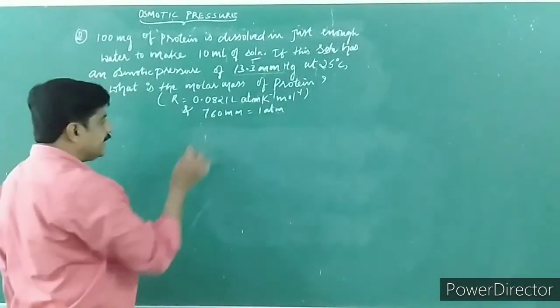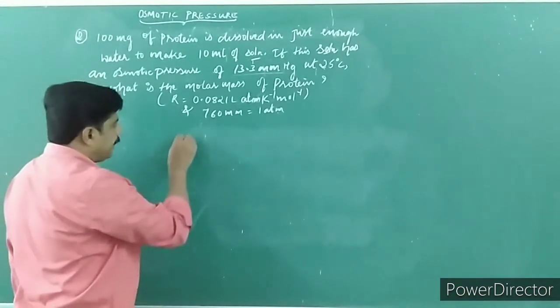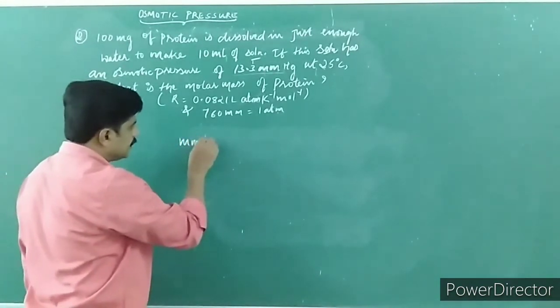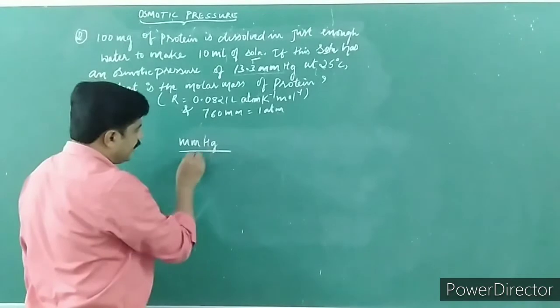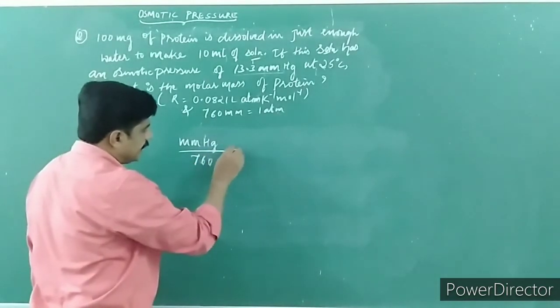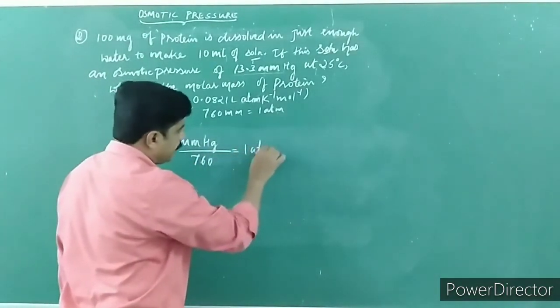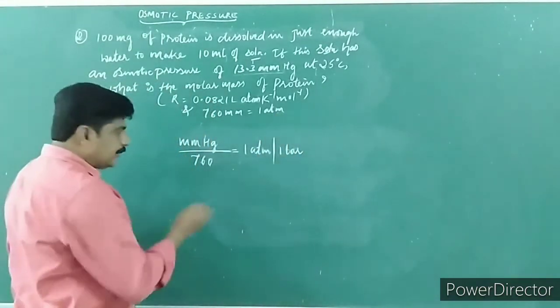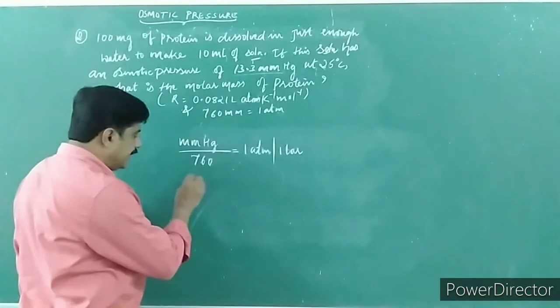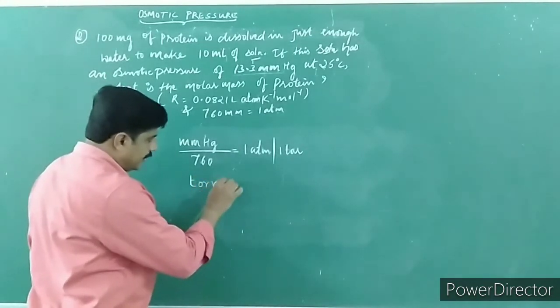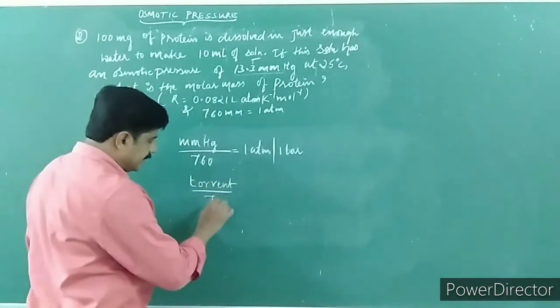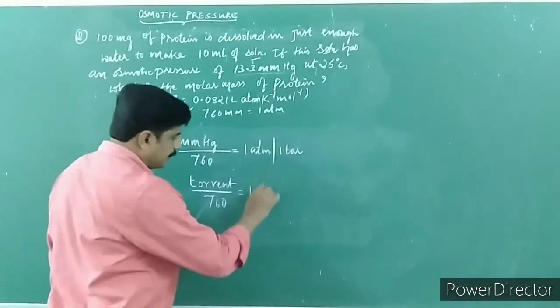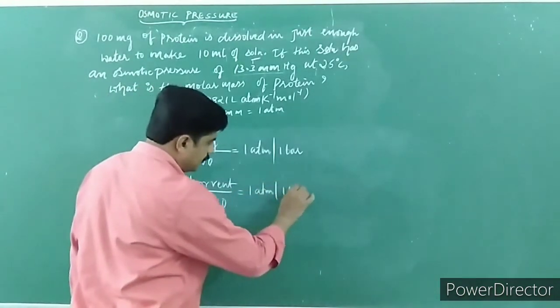Look here, mm mercury divided by 760, then you are going to get atmospheric pressure, or 1 bar pressure. One more term I am going to introduce here. What do you call this? A torr. Torr upon 760 is equal to 1 atmosphere, otherwise 1 bar.